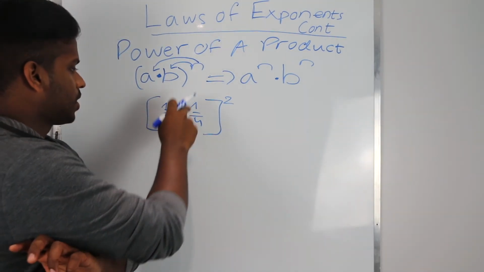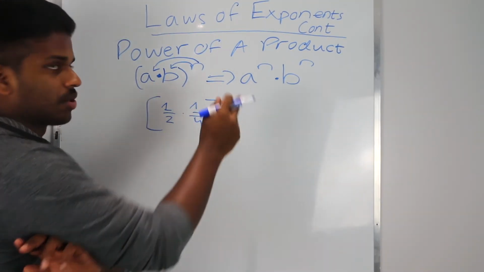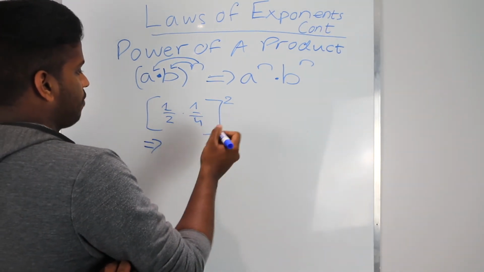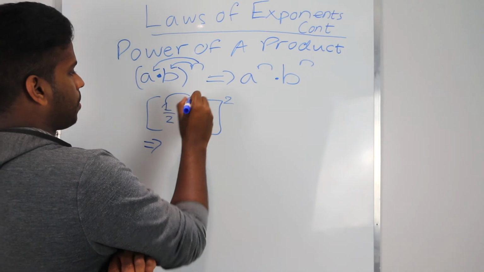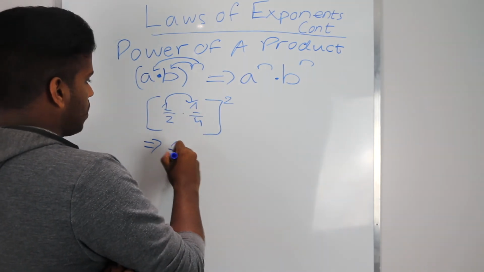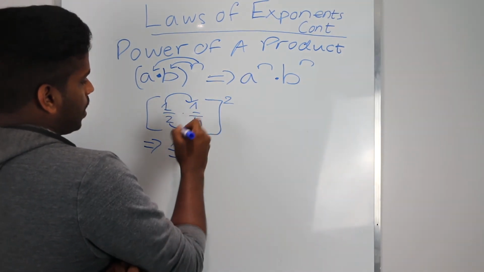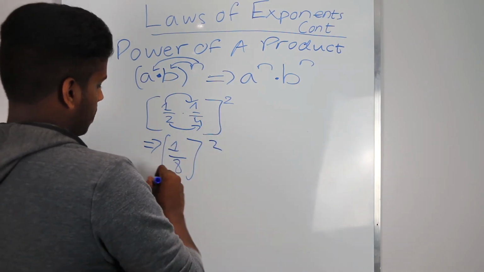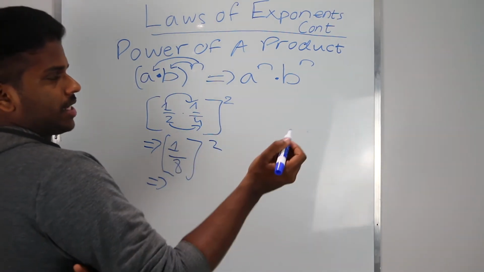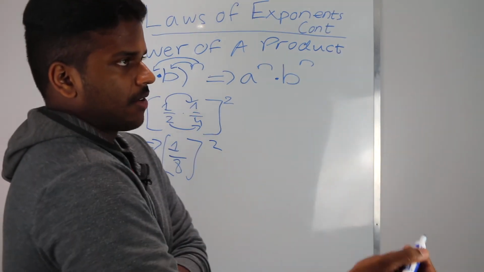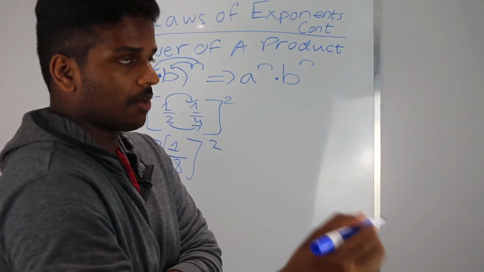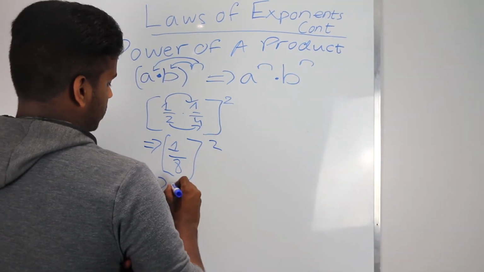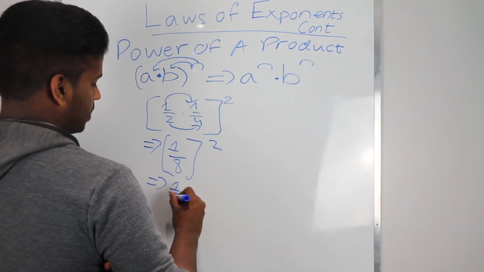Half times a quarter, with our knowledge of multiplying fractions, is 1 over 8, squared. 1 over 8 squared is basically 1/8 times 1/8.